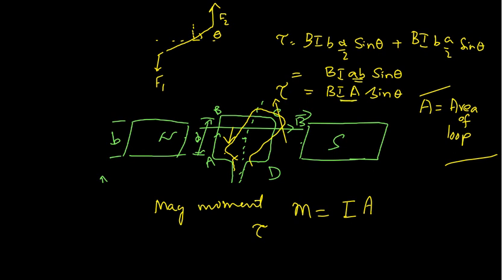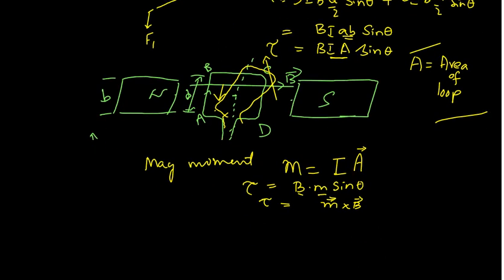From vector algebra, M contains the area vector and B is a vector, so when the sin theta comes, it's a cross product. So tau is defined as the cross product of the magnetic moment and the magnetic field intensity. He compares that and says it is very similar to P into E in electrostatics.